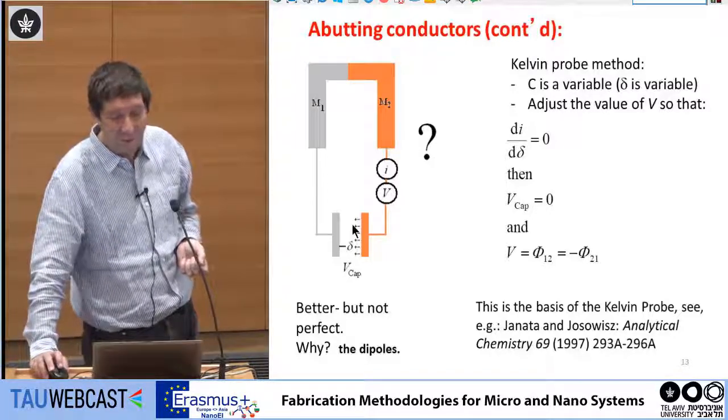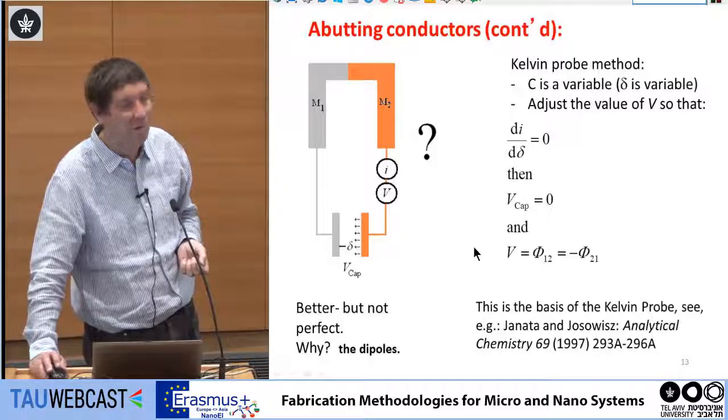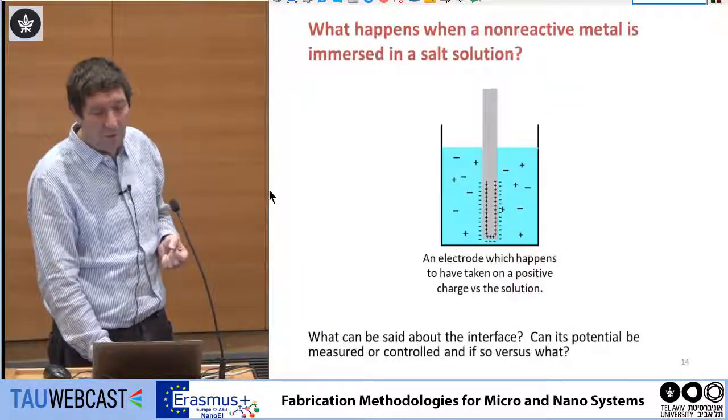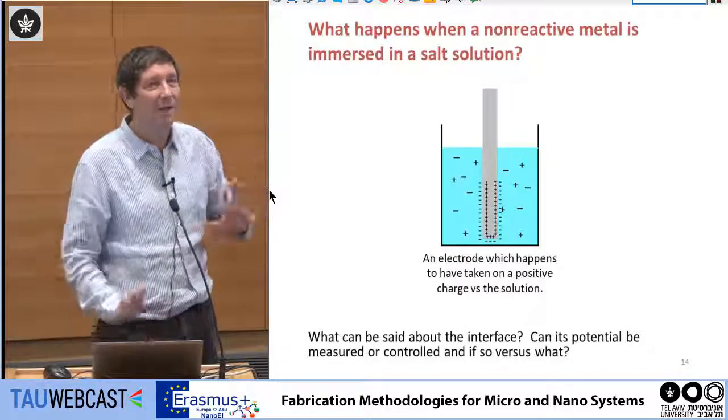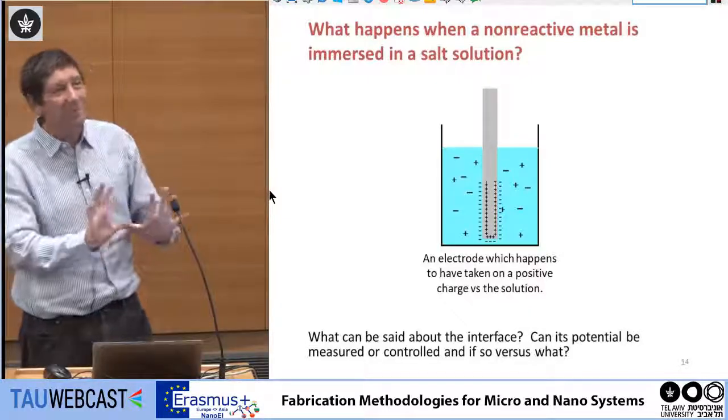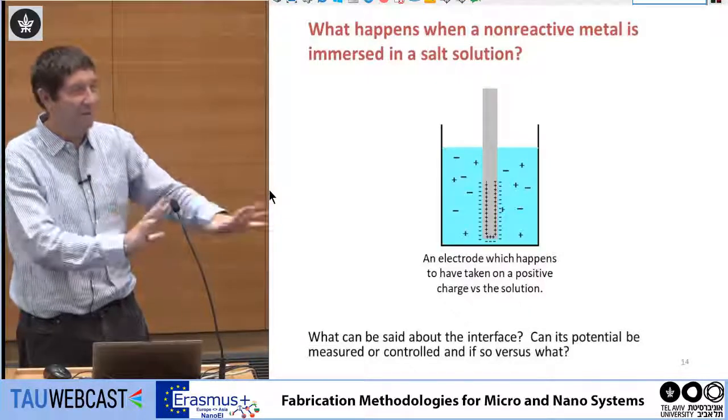So if there's a dipole on the surface, the whole assumption here is not valid. Okay, so I gave you a solution, but now let's leave this problem aside and see what happens.